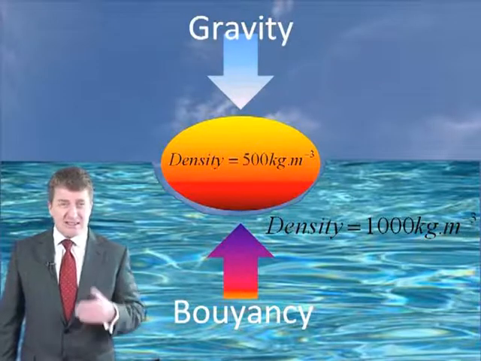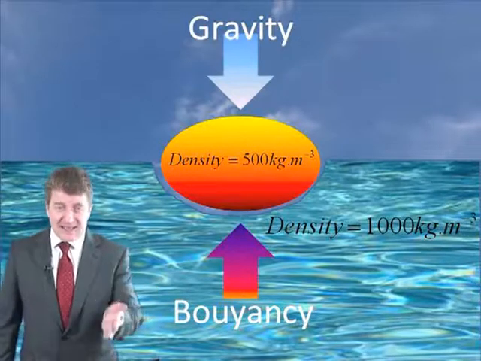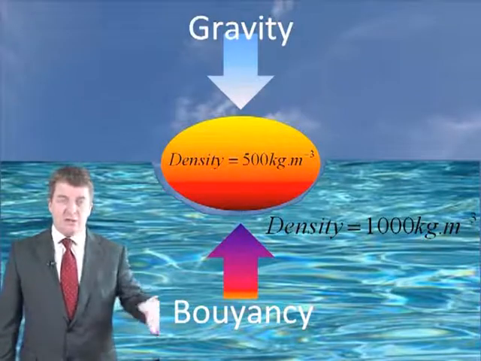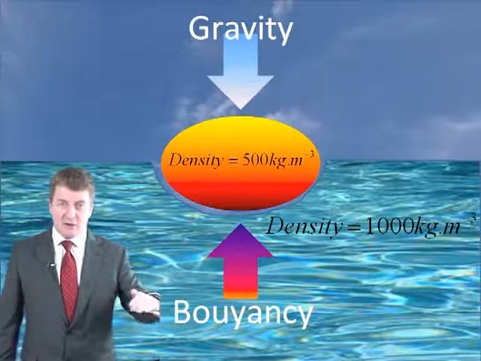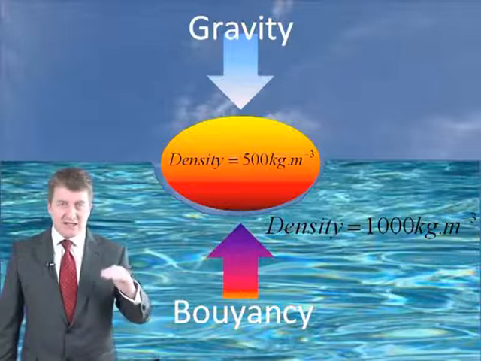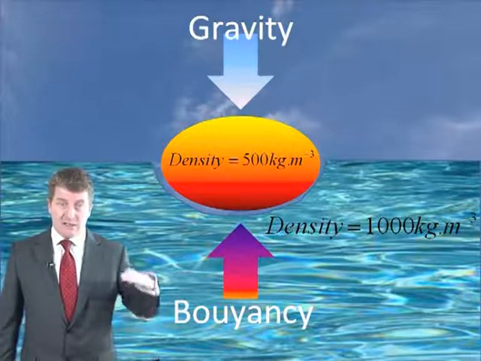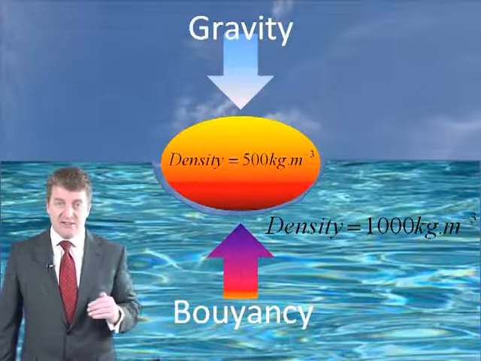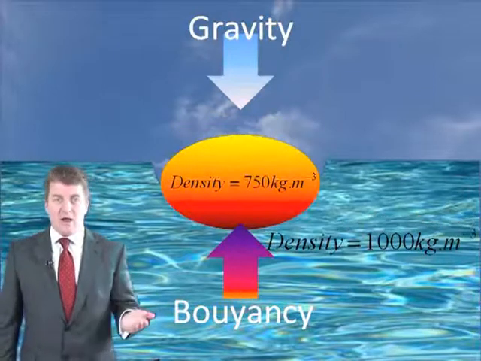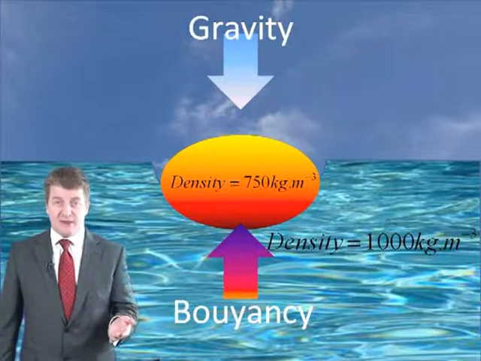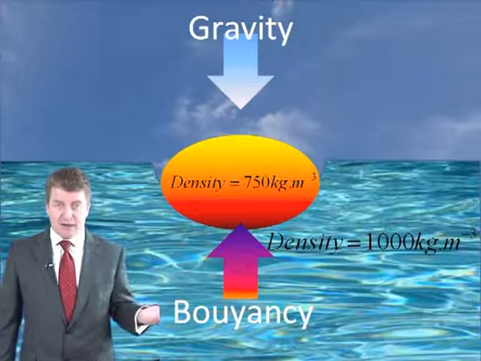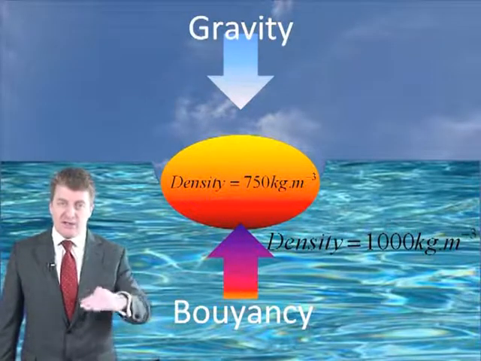Because the object's density is half the density of water, it will only displace half of its volume, as you can see here. Now what if the density of the object was 750 kilograms per metre cubed? Well, it would displace 3/4 of the object. Do you see how that works?